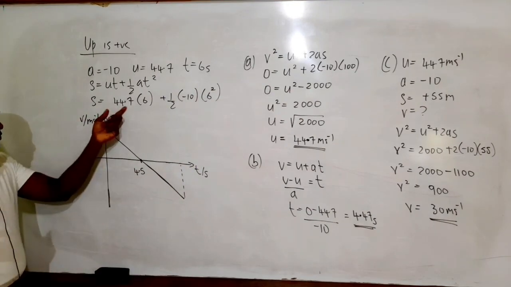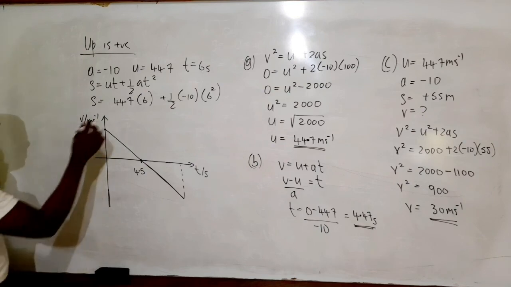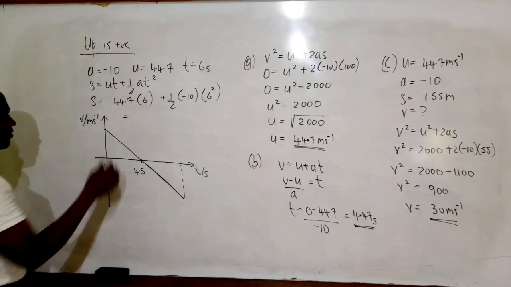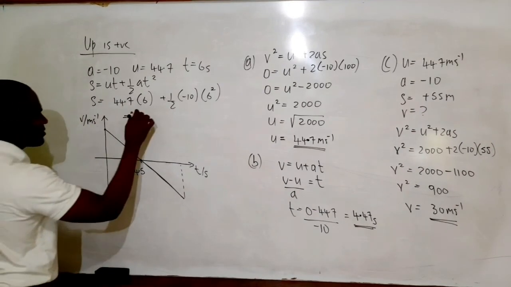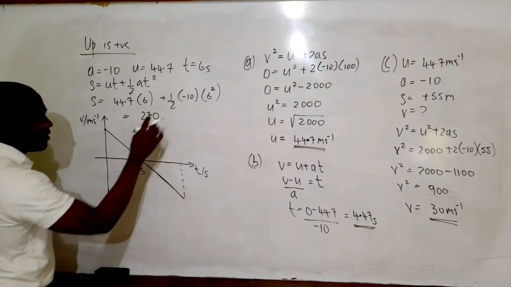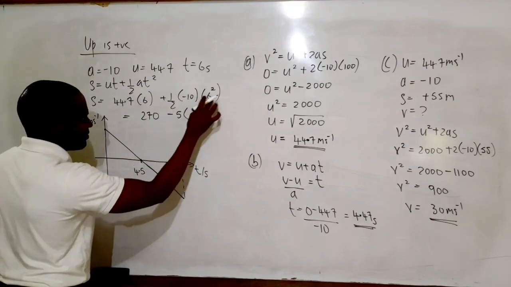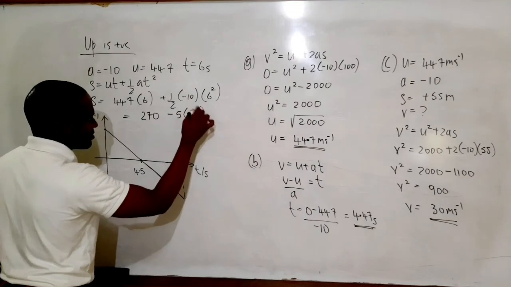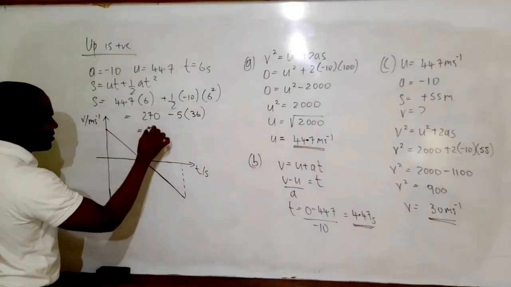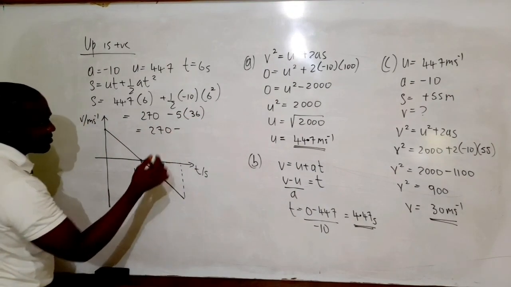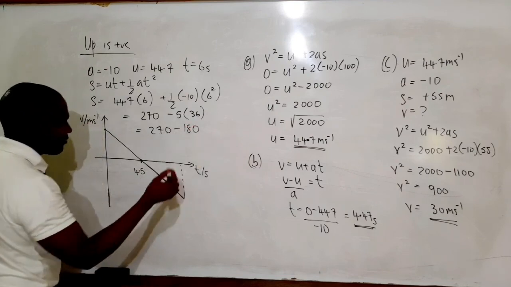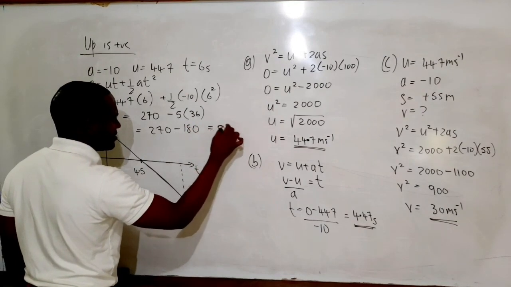So this gives me 6 times 45, that is 270, minus 5 times 36. So this gives me 270 minus 180, which of course is equal to 90 meters. So approximately 90 meters.